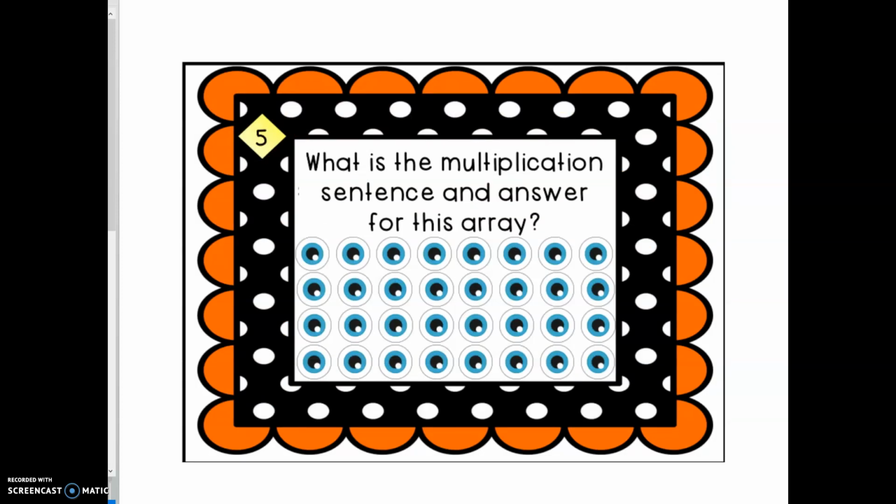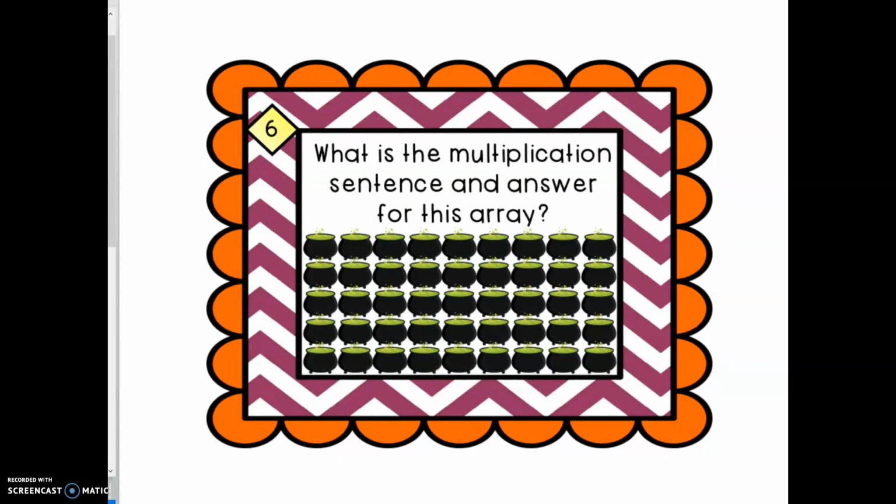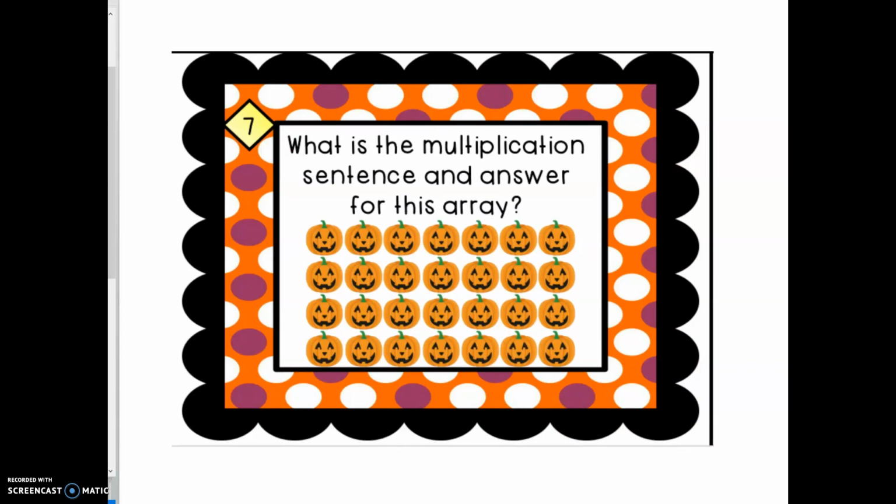Number 5, what is the multiplication sentence and answer for this array? Number 6, what is the multiplication sentence and answer for this array? Number 7, what is the multiplication sentence and answer for this array?